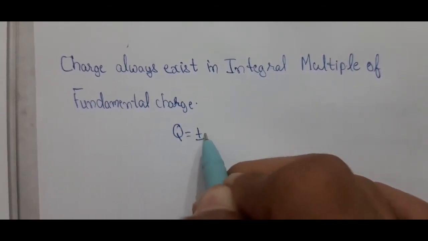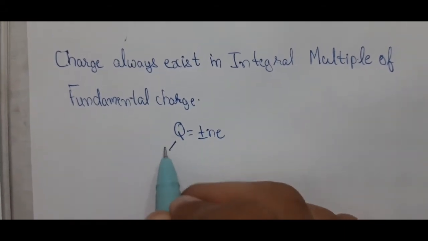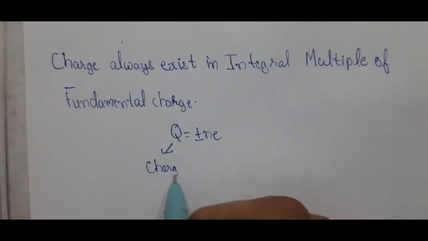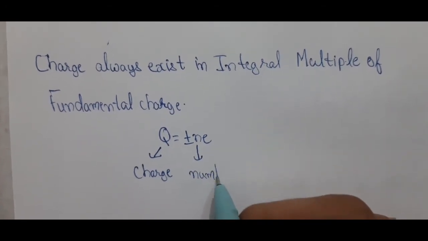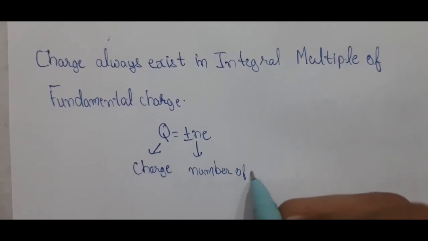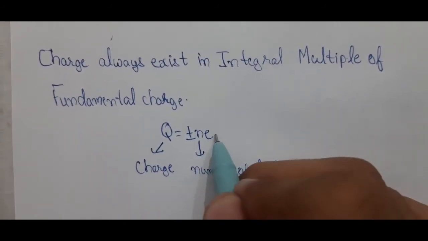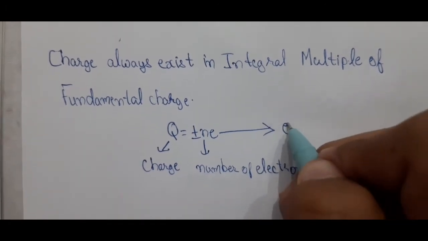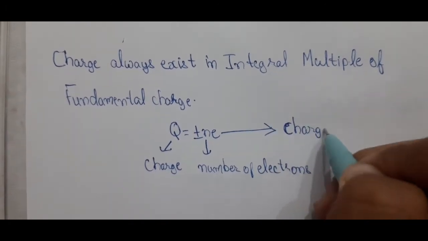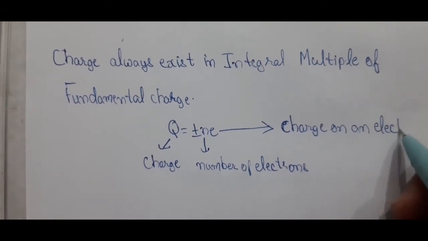It is denoted by Q equals plus minus Ne, where Q is charge on a body, N is number of electrons and e is charge on an electron.